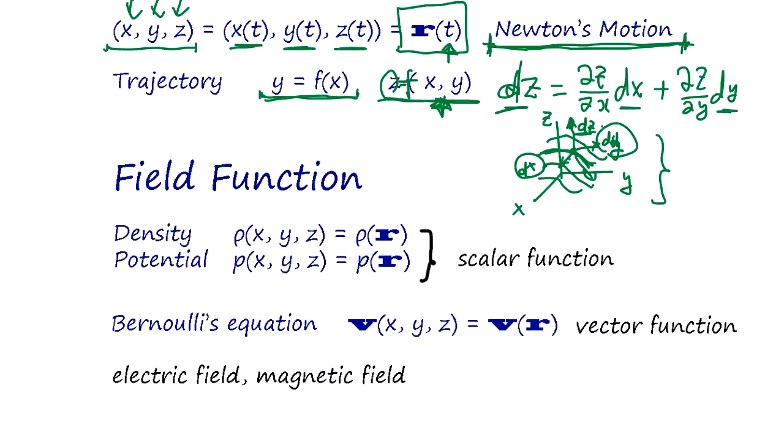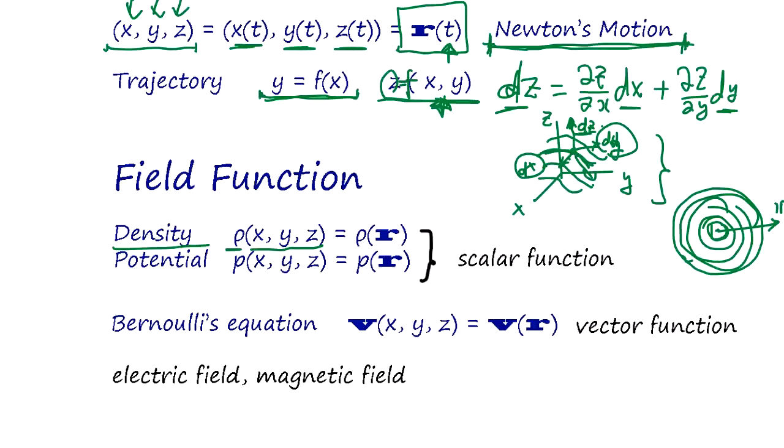Besides the motion, there are physical things like a density function. Typically a gas star has gravity, and it's very dense inside, and the density lessens going outward. Depending on distance, the density changes, and r is x, y, z.